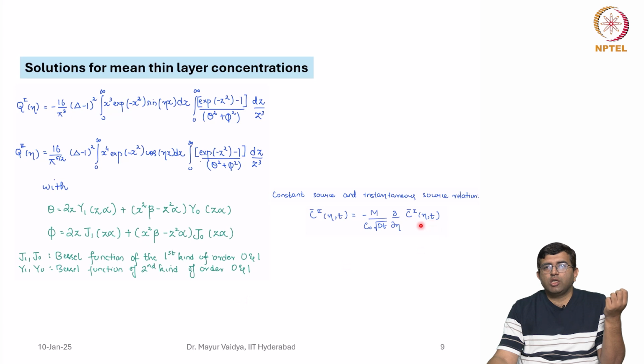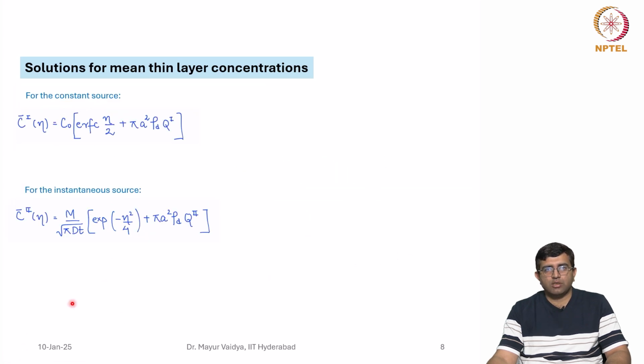One thing though you can see for the constant and the instantaneous source, the relation for the average mean concentration is equal to minus m by c naught root dt dou by dou eta of c bar into eta comma t. So, this relation you can see when you see these expressions.